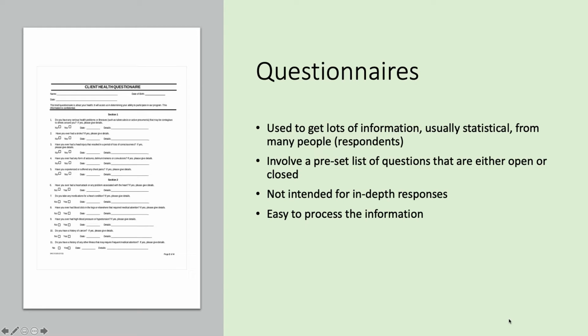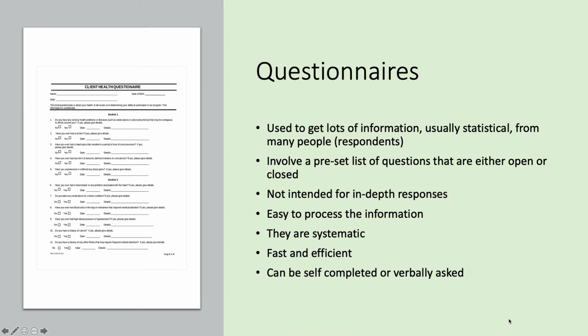It's easy to process the information as well because the questions are worded quite simply and quite straightforward. They're systematic as well, so they follow a particular system and they are fast and efficient, and they can be completed by an individual, by themselves, or they can be verbally asked as well.